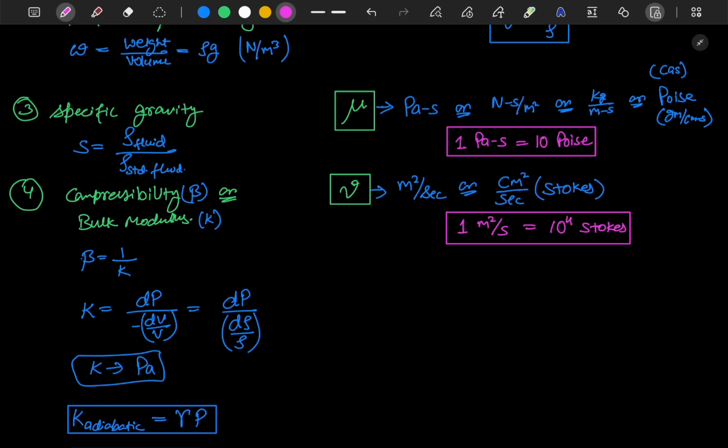Now, I have also talked about the variation of dynamic and kinematic viscosity for liquids and gases with respect to both temperature and pressure.